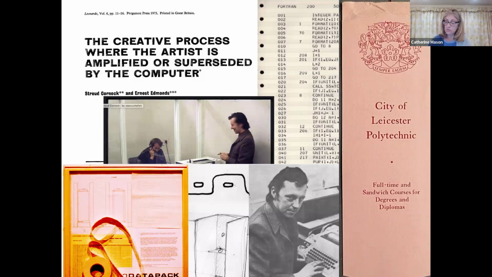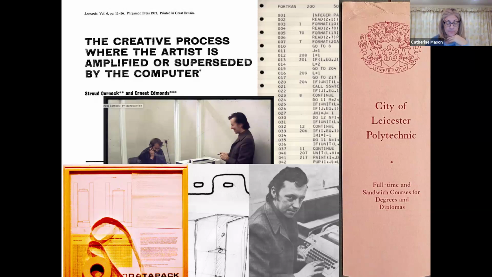And then in addition to this paper, they also produced an artwork, which was a sort of demonstration of their manifesto, if you like. And this artwork was called Data Pack. You can see what was produced in the lower left of the screen here.